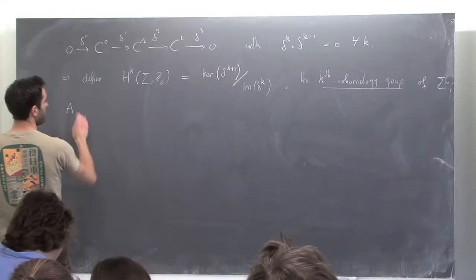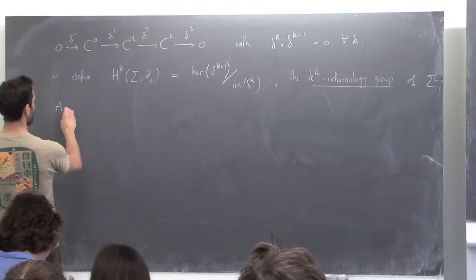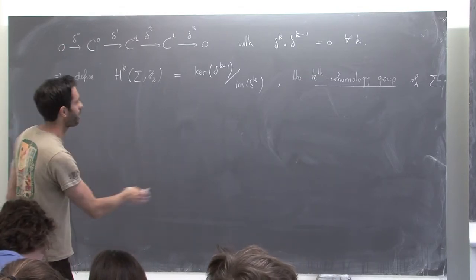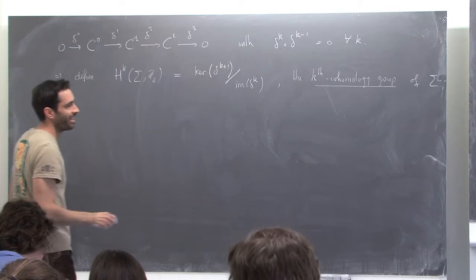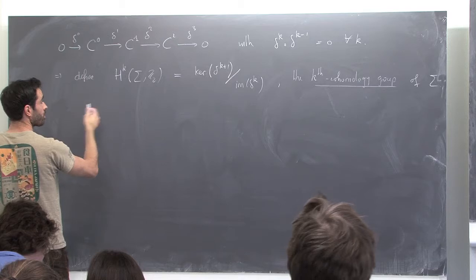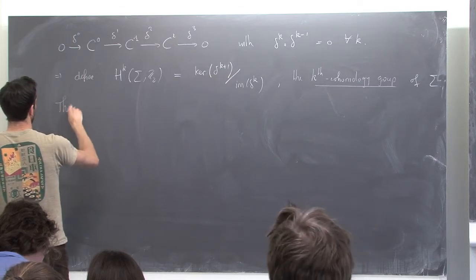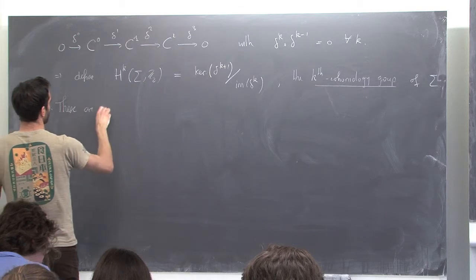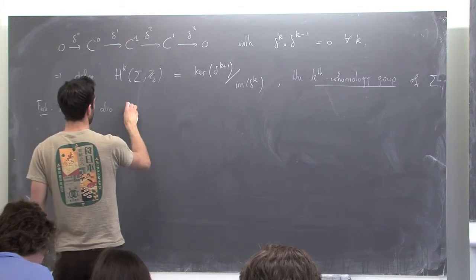And the fact that I will need, so that's fact A4, no, 5. Yeah, okay, no, actually I already numbered it, so it's, sorry. So A4, so the fact that I will need is that these are also topological invariants.